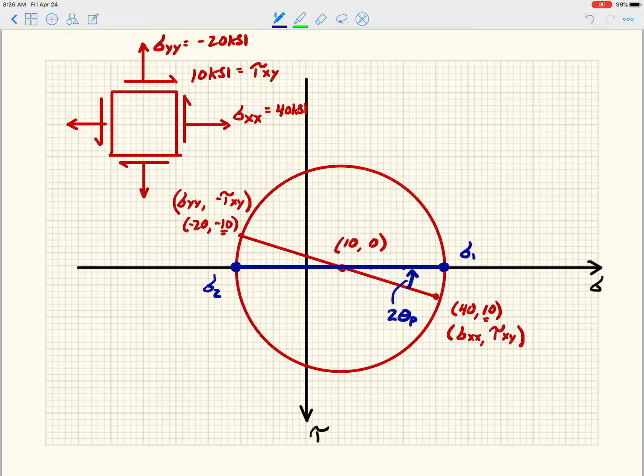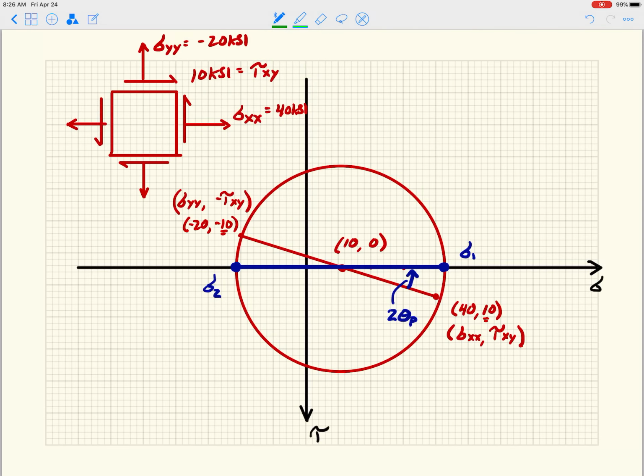Because when we defined the Mohr circle, we identified that a theta rotation on the circle is equal to a 1/2 theta rotation on the stress cube, right? Or a theta rotation on the stress cube is equal to a 2 theta rotation on the Mohr circle, right?